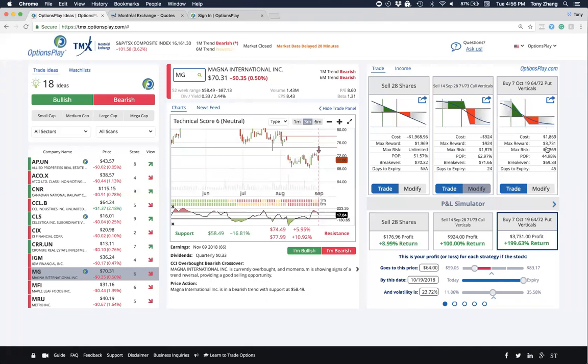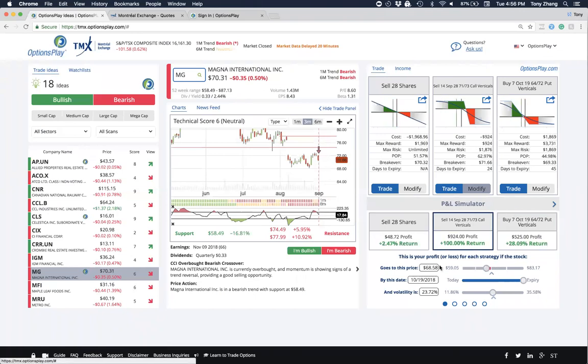Versus the debit spread, if the stock just moves down to $64, which is $6 lower, instead of making $924 profit, you're going to make a $3,700 profit. And keep in mind, these two strategies have the same amount of risk. You're risking roughly $1,800, $1,900 on the trade. But if you expect a big move in one direction or another, the debit spread is going to give you the much, much higher profit.